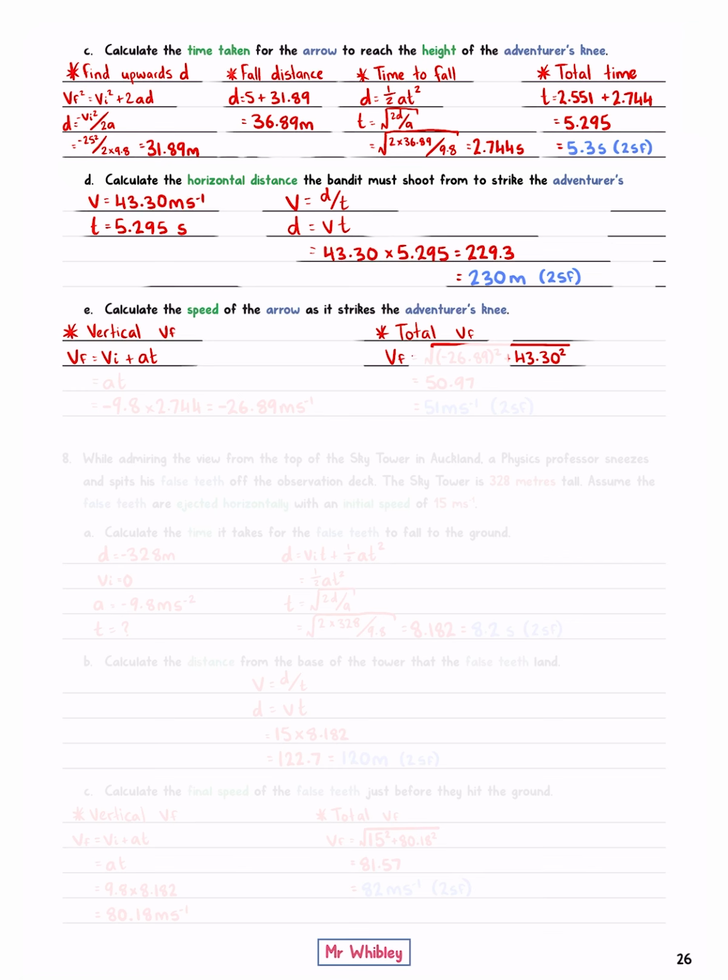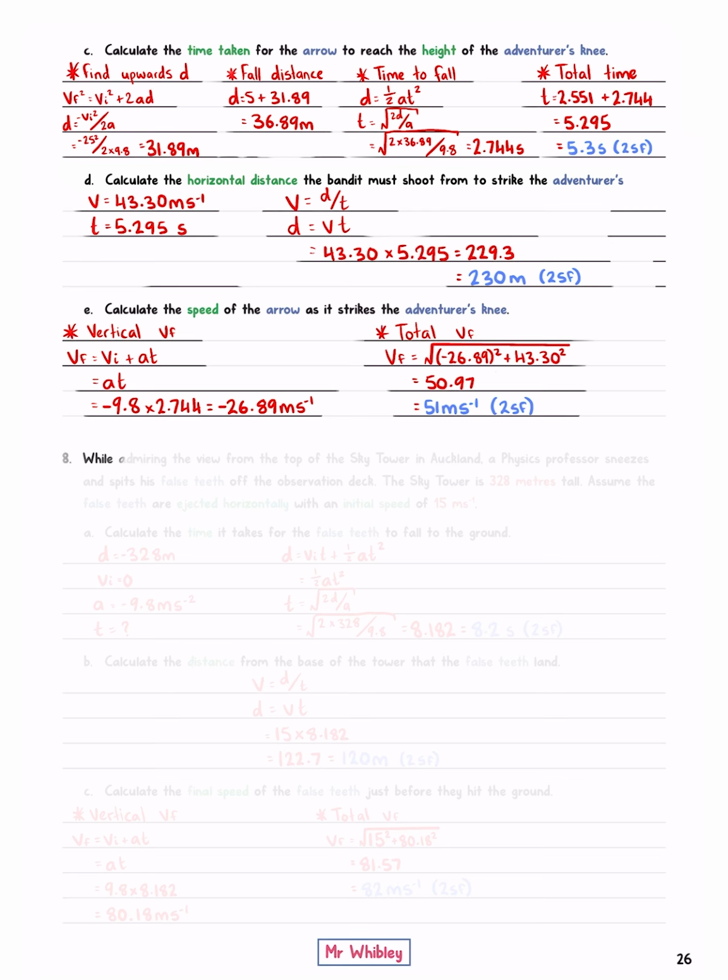In this case, Vi is 0, so we get at, our acceleration is negative 9.8, and the time that it takes to fall is 2.744, which gives us negative 26.89 meters per second. Putting this number in gives us 50.97 or 51 meters per second to two significant figures.